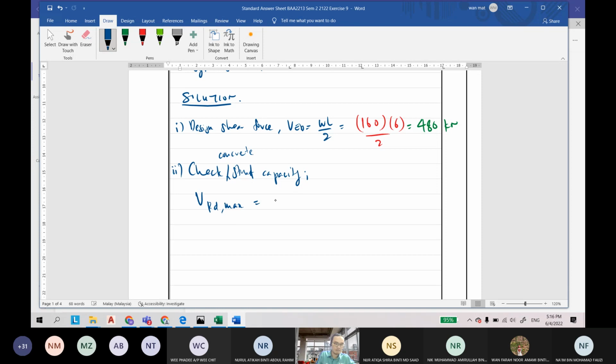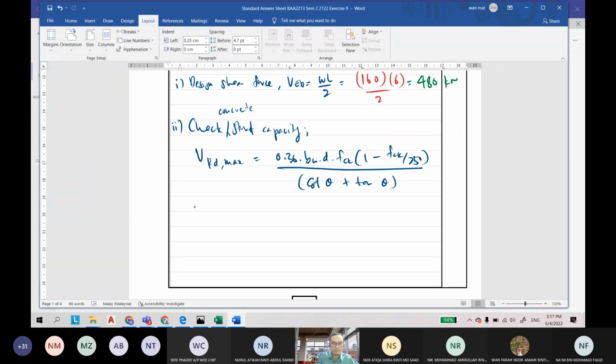VRD max is equal to 0.36 BW D FCK times 1 minus FCK divided by 250, divided by cotangent theta plus tangent theta. First we check if theta is equal to 22 degree, the tangent theta is equal to 0.4 and cotangent theta is equal to 2.5.